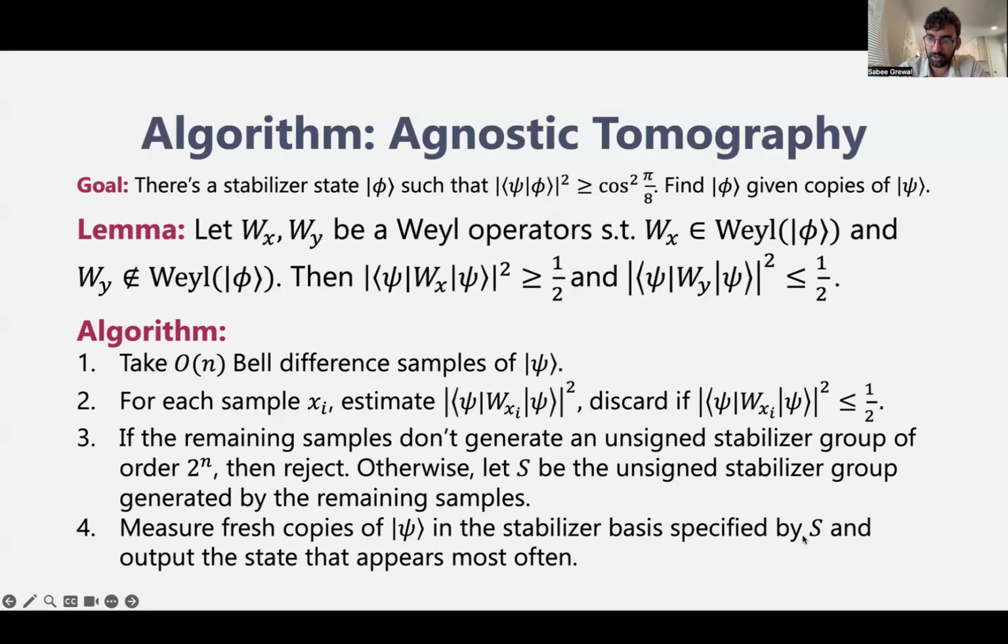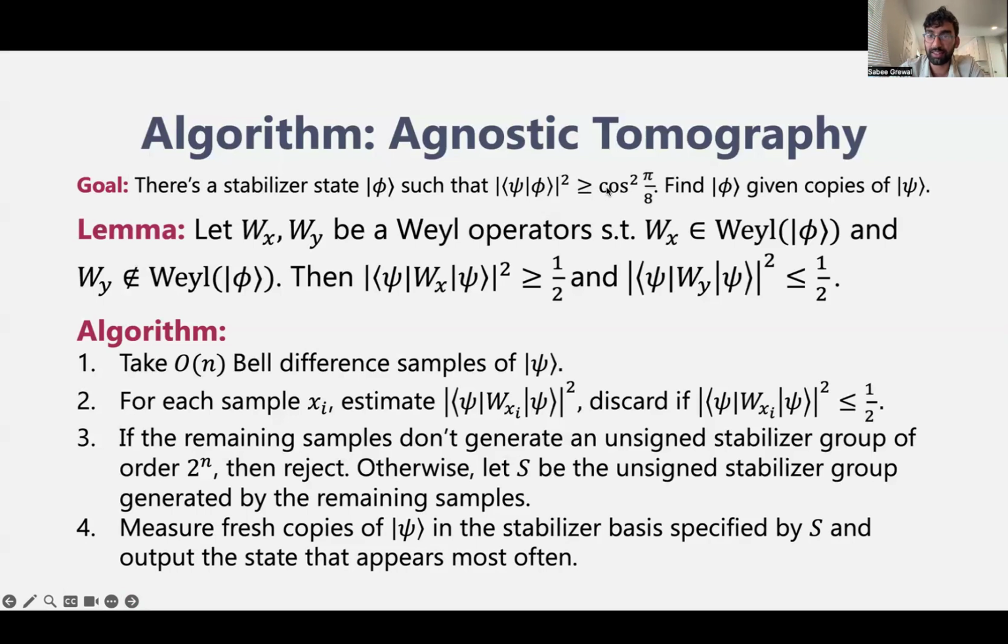So again, S is an unsigned stabilizer group, and we know it's specifying 2 to the n stabilizer states, one of which we know is ket phi. And so this last step is just using the fact that we're promised that psi is closest to ket phi.